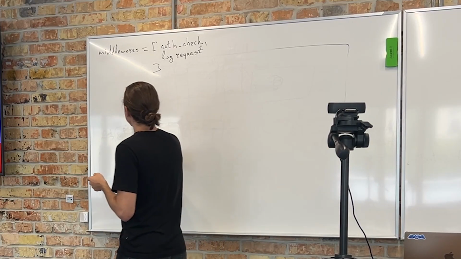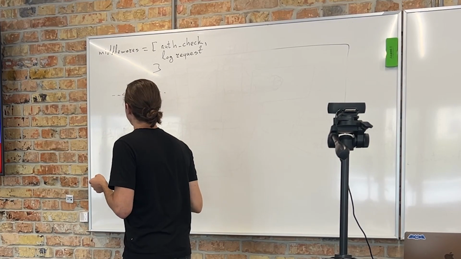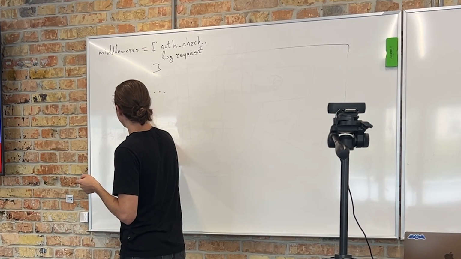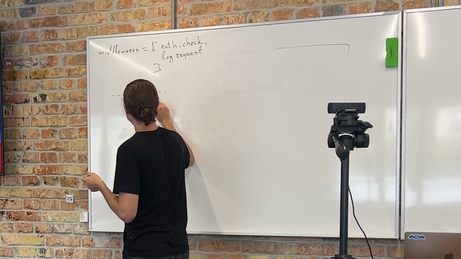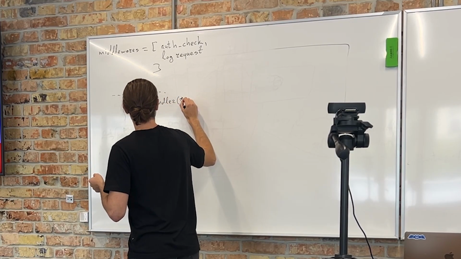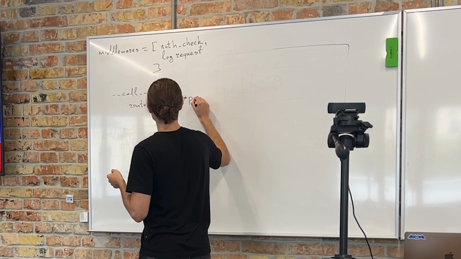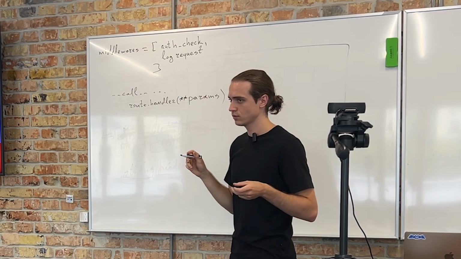Okay, inside the method call, we have our route handler that has params inside it, right?